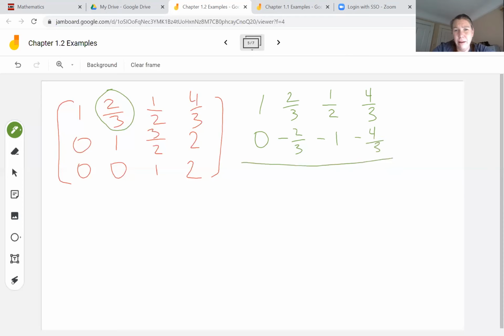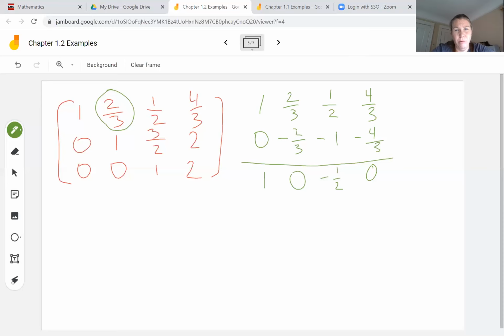So then I end up for my new row 2 with 1, 0. I think this gives me -1/2. And then here, is this a 0? It looks like it zeroes out.